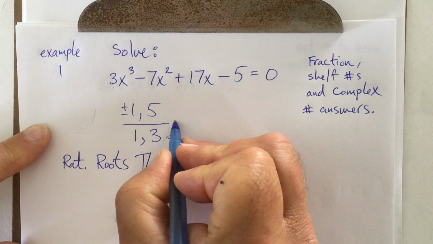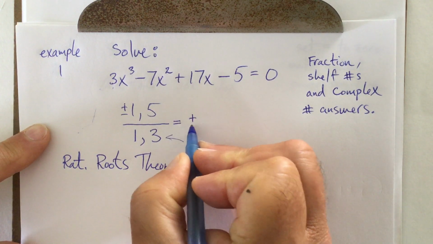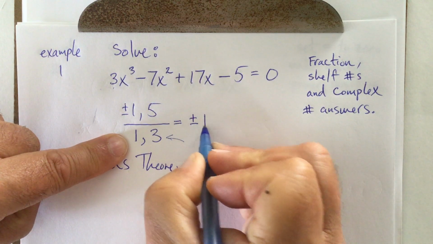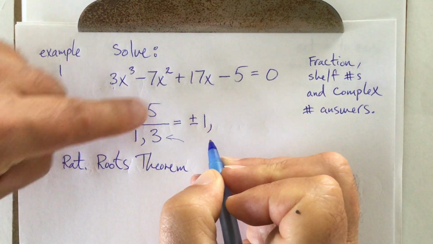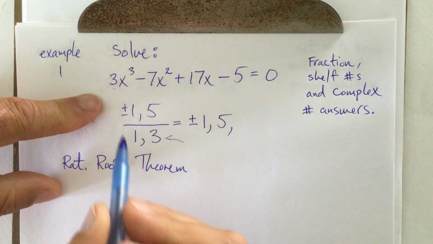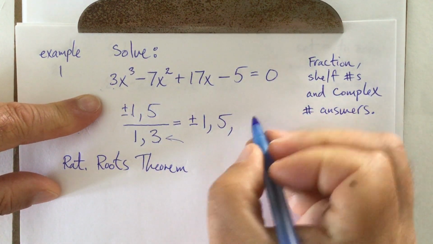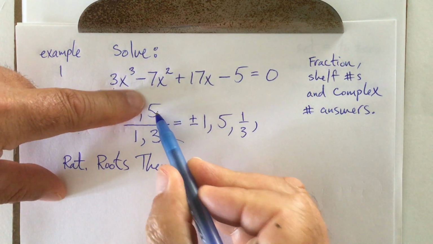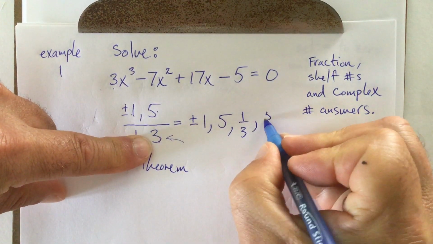But what does it really mean? It means we could have a positive or negative 1 over 1 or 5 over 1. Or my shelf number might be 1/3. Or my shelf number could be 5/3.